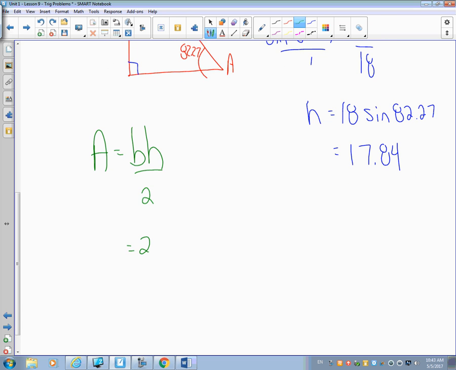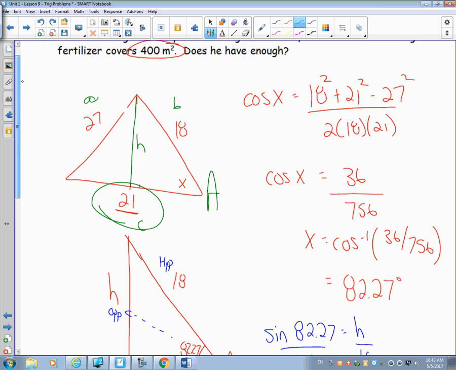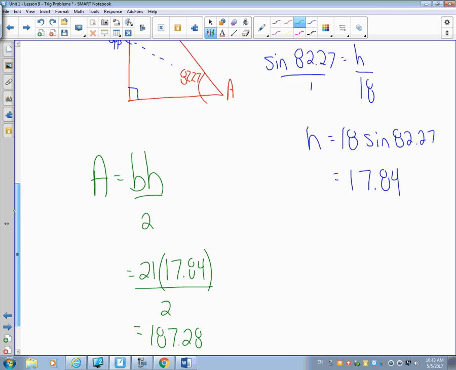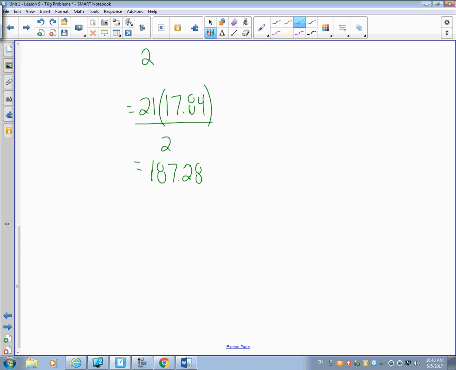So 21 times the height we got was 17.84 divided by 2 should give you 187.28. So the question is, does he have enough fertilizer? He had 400 meters squared. He only needs 187. So he has more than enough fertilizer.